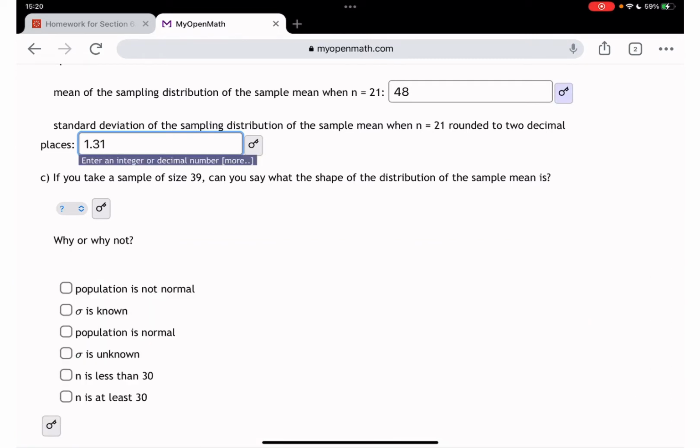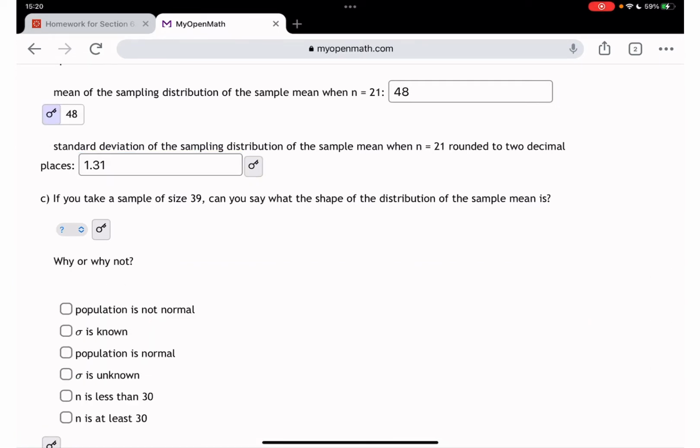Okay, let's check this one. 48 correct. This one, 1.31 correct. Now if you take sample size 39, can you say what the shape of the distribution of the sample mean is? Yes, we can say what the shape is, because the sample size is more than 30.